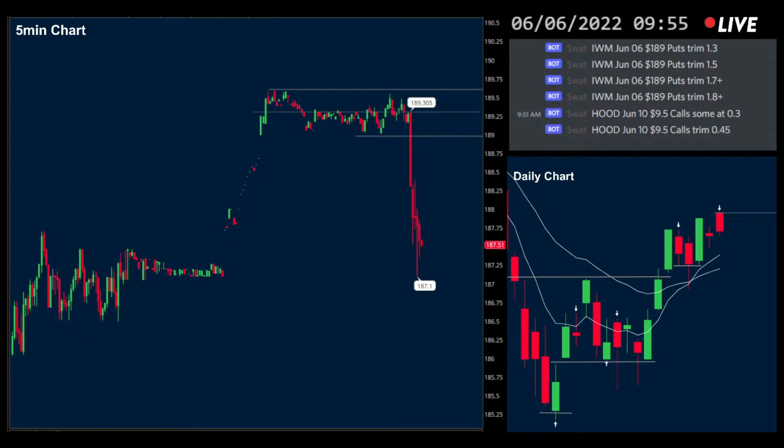Trying to be patient. I sold the rest on Robinhood.